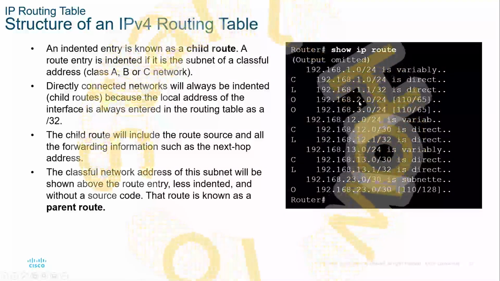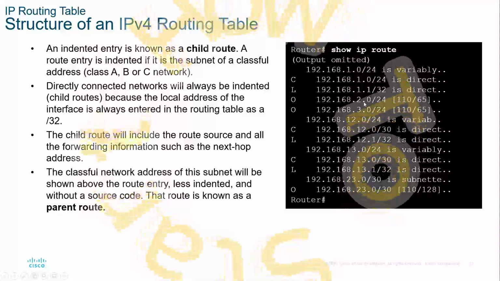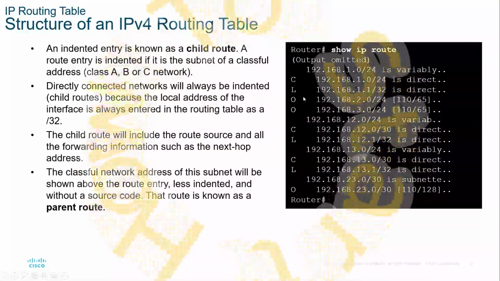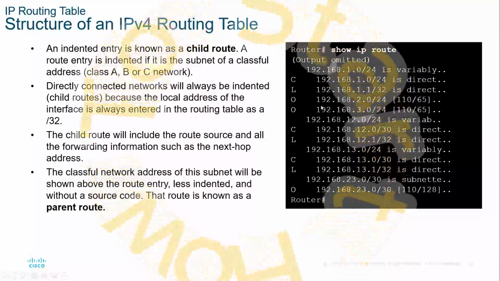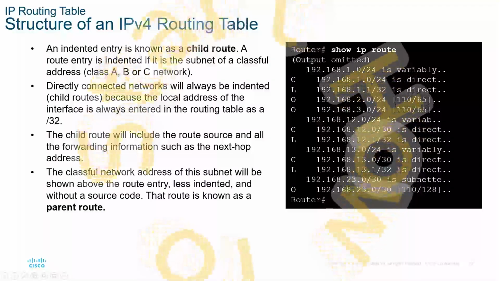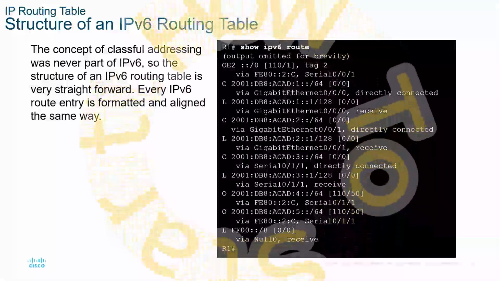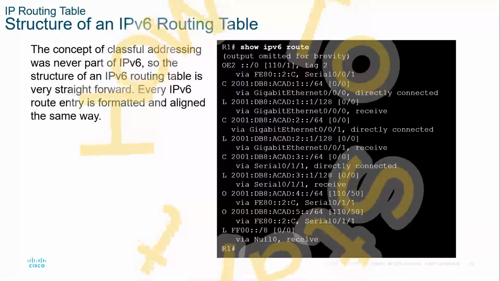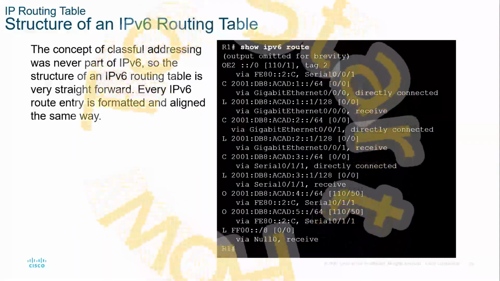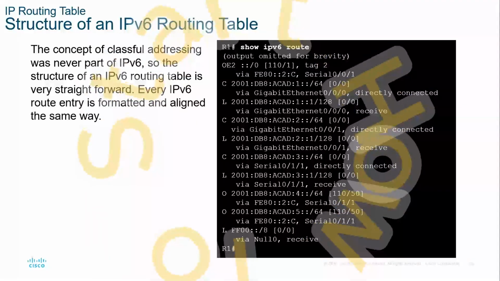No, actually that doesn't make sense either, because 2 would not have a matching 24th bit, because that'd be the 23rd bit. So I'm not quite sure why these 2 routes are underneath this parent route, because they are not matching network bits. Alright, moving on. The concept of classful addressing was never designed with IPv6 in mind, so you'll notice the indentation is not the same.